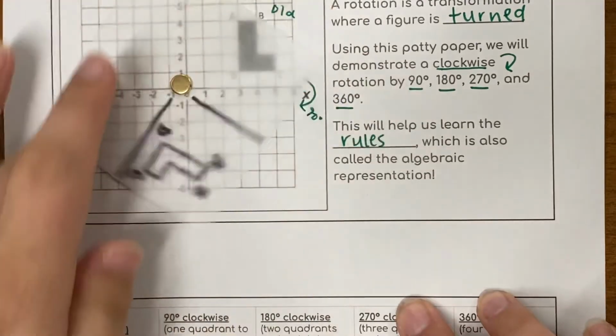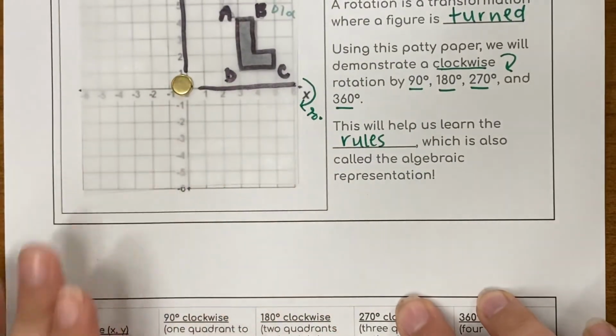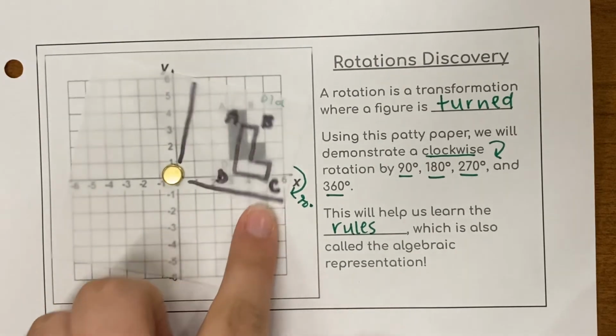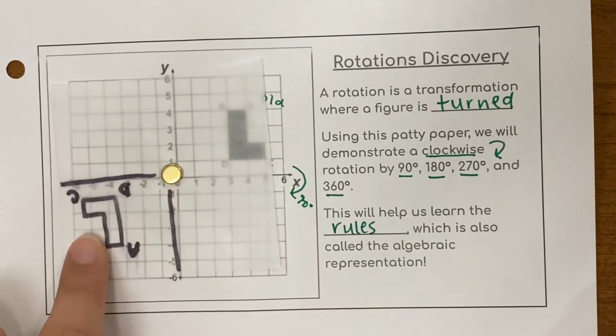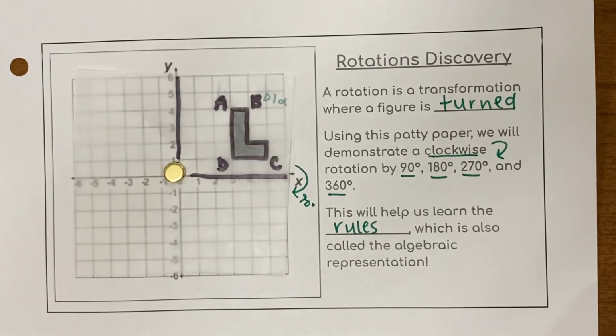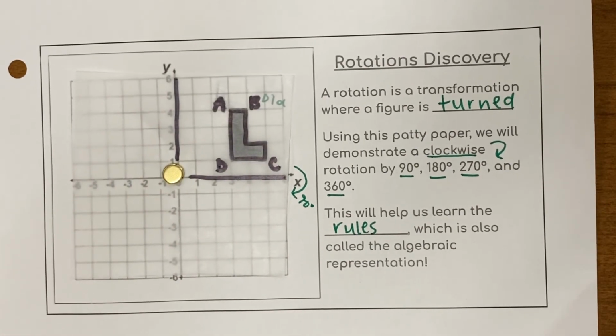All right, let's do our last one. So in our last one, we have 360 degrees rotation, which means I'm going to rotate it 4 quadrants to the right. So 1, 2, 3, 4. You notice 360 degrees rotation means that my figure is in the same quadrant it was before. In this case, it's in quadrant 1.